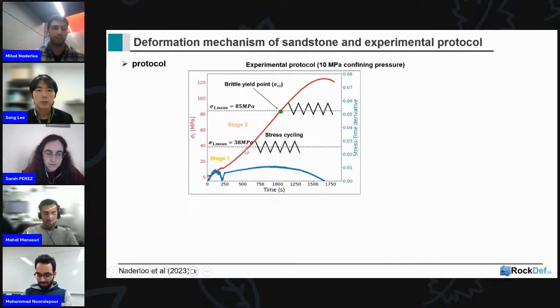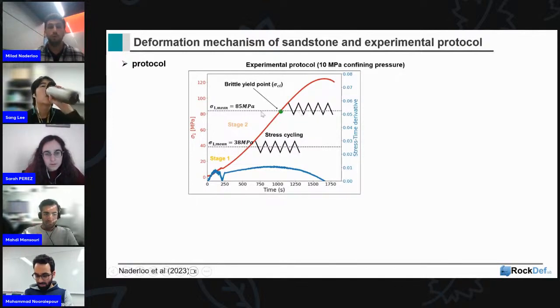First, there is an initial stage of loading with some pore closure and micro crack closure, and then we get into our elastic or linear zone. After that, slowly we are getting out of linearity, and this is our brittle yield point. I say this just to give you an idea of how one rock, like our sandstone, can behave under loading, and we use this to design our protocol. We want to apply cyclicity at this stress level. It's 38 megapascal.